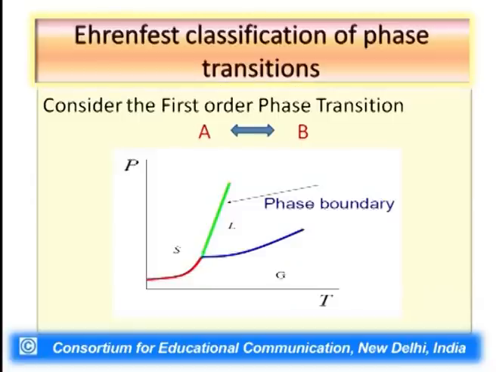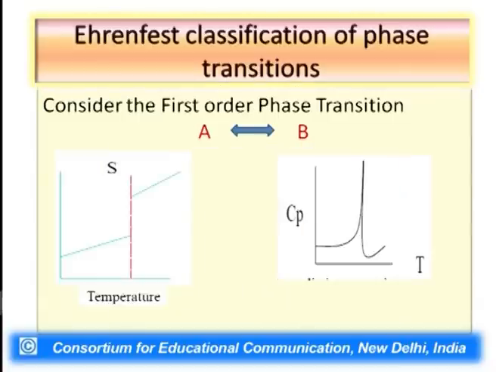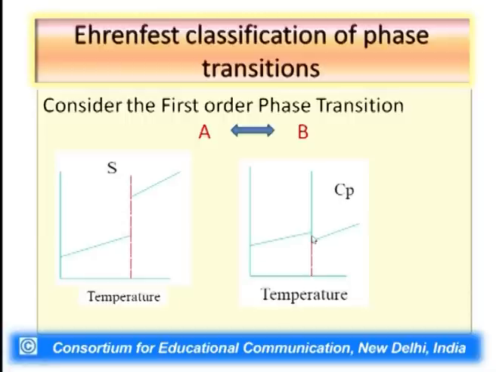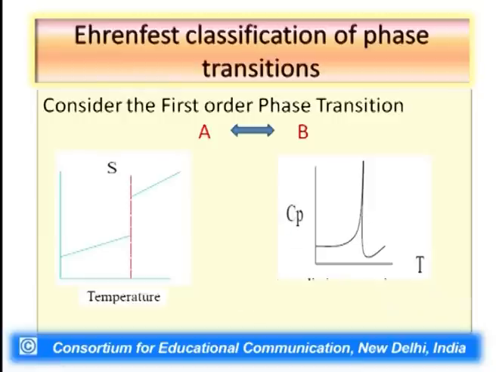One point which was forgotten, a very important point about first order phase transitions, is that the heat capacity of the substance in two different phases is different. What is heat capacity? Heat capacity is nothing but the heat required to raise the temperature of a substance by 1 degree Celsius.